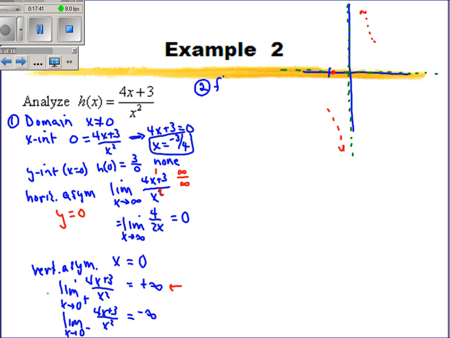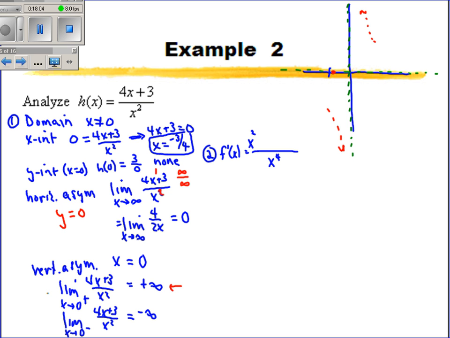So f prime of x, I need to use the quotient rule again. It's going to be x squared on the bottom. I'm going to move this down a little bit. Get my graphs away. So I'm going to have x squared, so x to the 4th on the bottom.